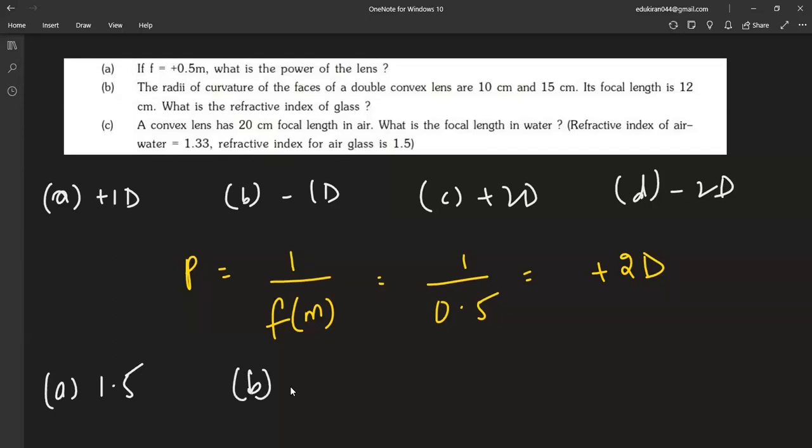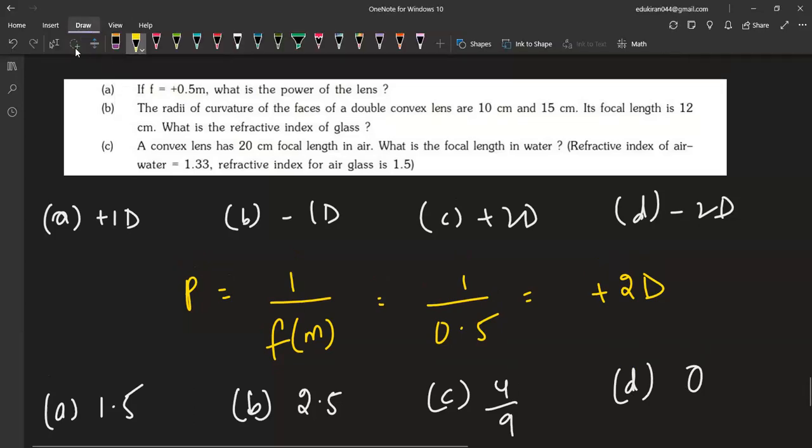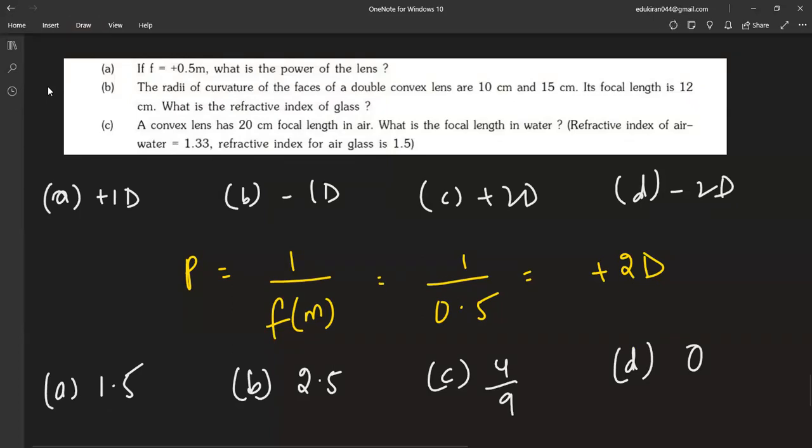So for this, 40 seconds. Start. Correct.